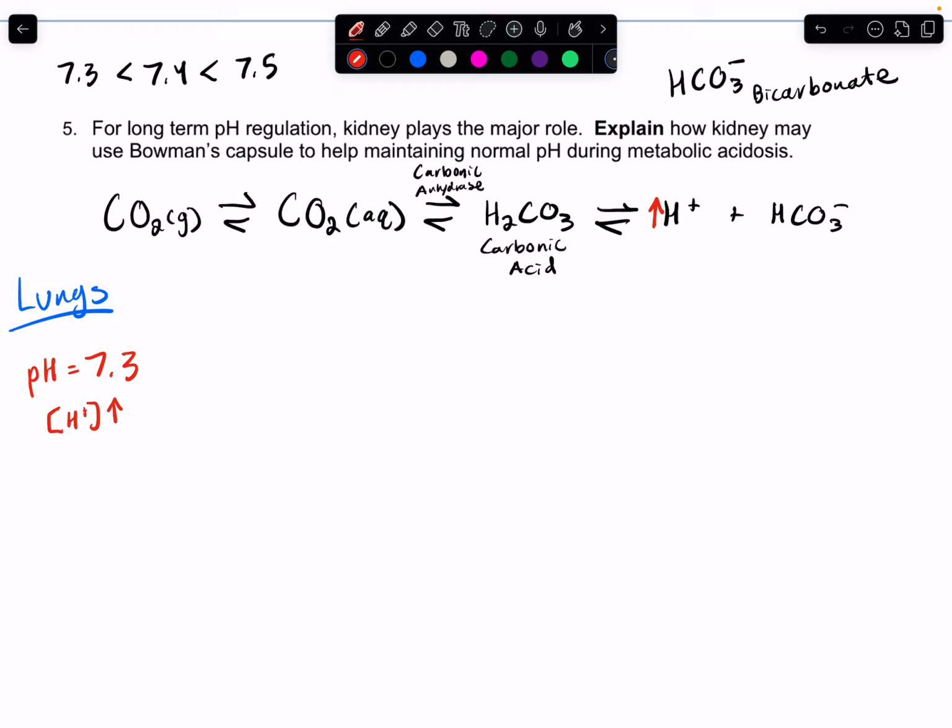The way it does this by Le Chatelier's principle is shifting the equation from the products here on the right side over to the reactants on the left side. So what's going to happen is you're going to start expelling more CO2. And one way that the body does this to expel CO2 is through hyperventilation.